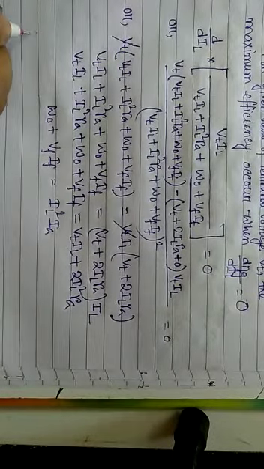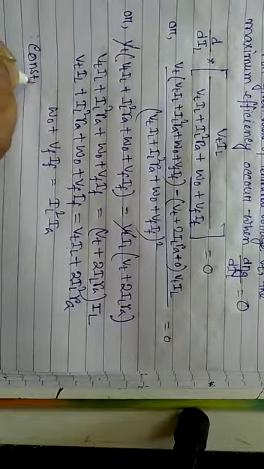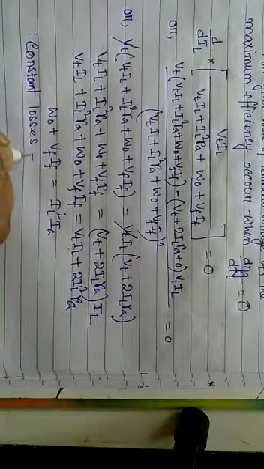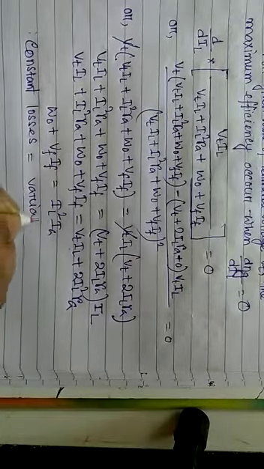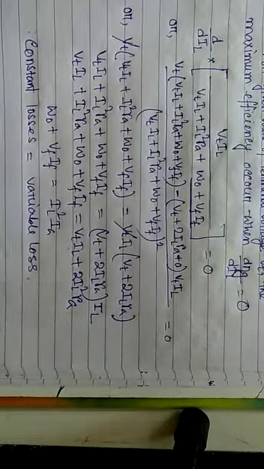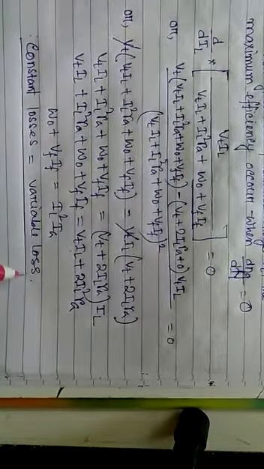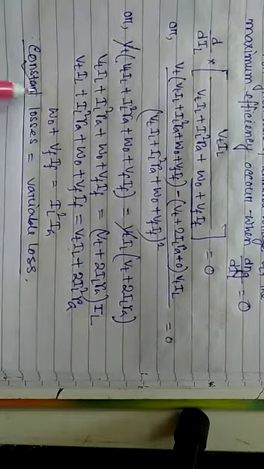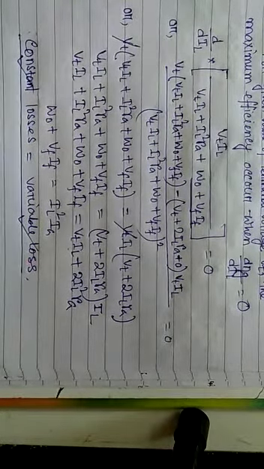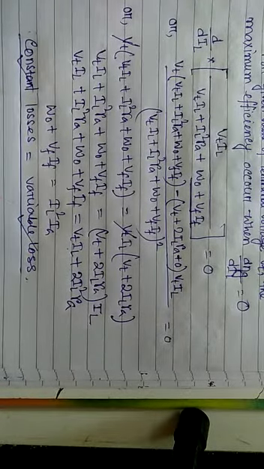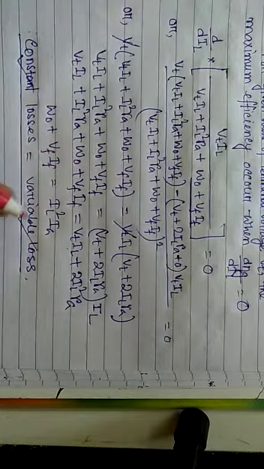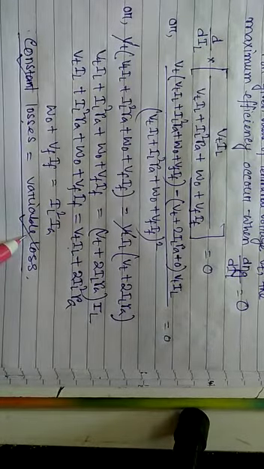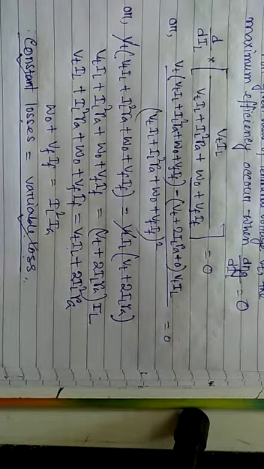That is, constant loss equal to the variable loss. So the maximum efficiency of the generator occurs when the constant losses are equal to the variable losses. You have to remember this. The maximum efficiency occurs when the constant losses are equal to the variable losses. Okay, thank you.